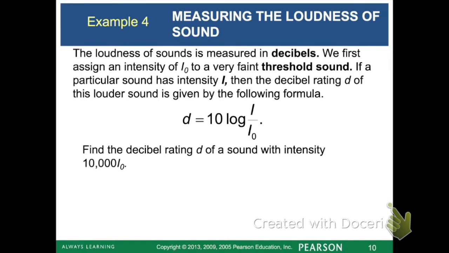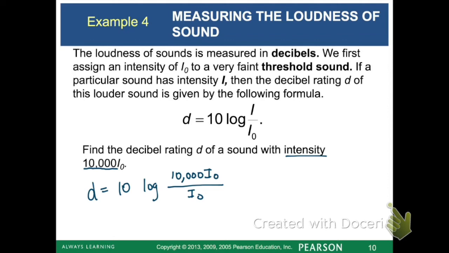Okay, so in this problem we're solving for D, and we're going to plug in 10,000 times I naught for our I value, for intensity. The first thing I notice is in that fraction, I have I naught, so that's the I with the little 0 as a subscript.